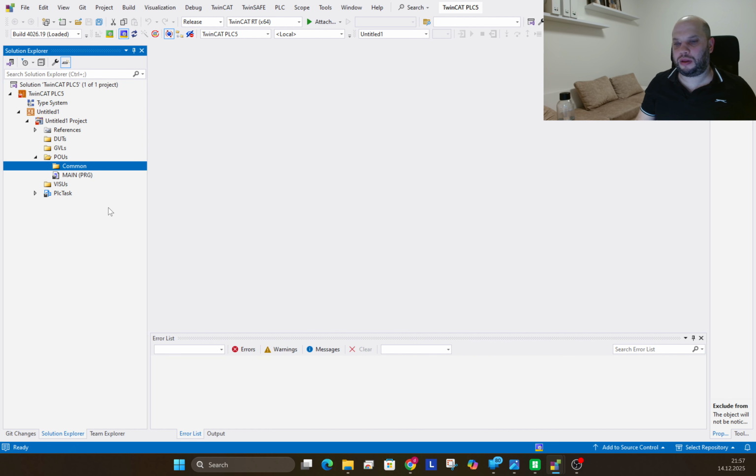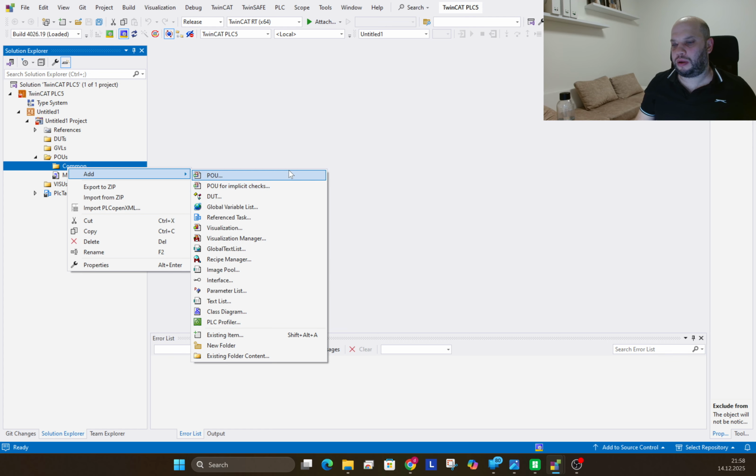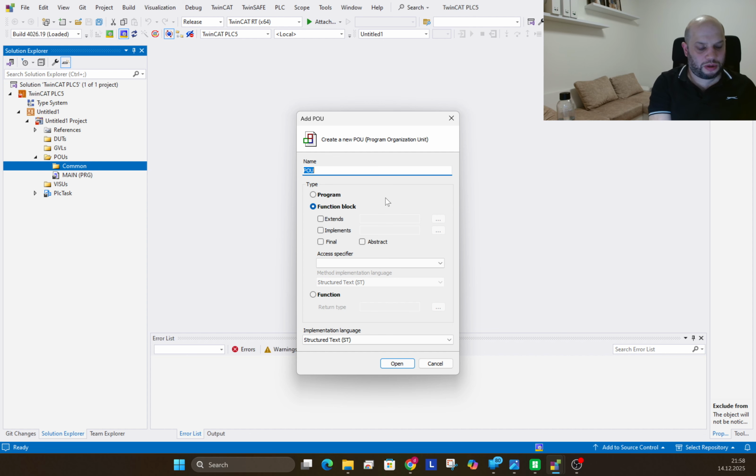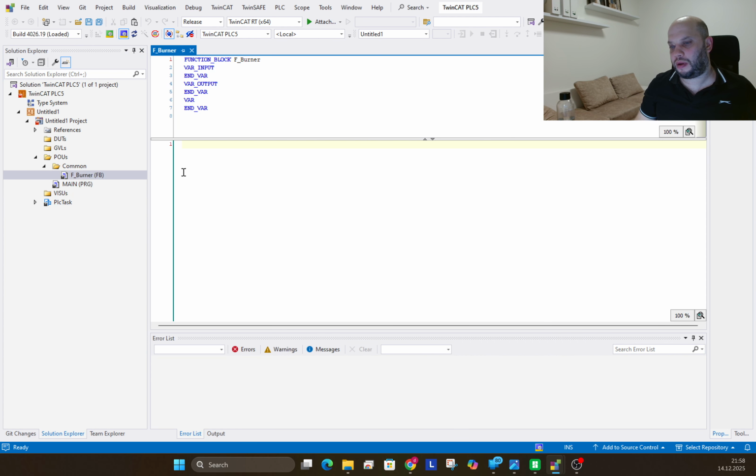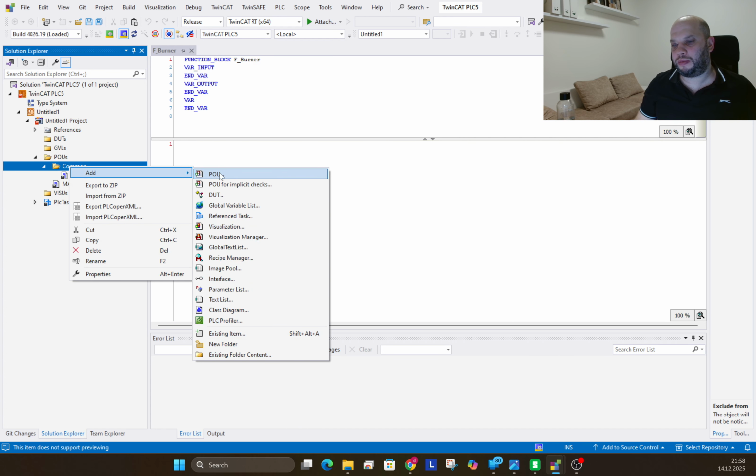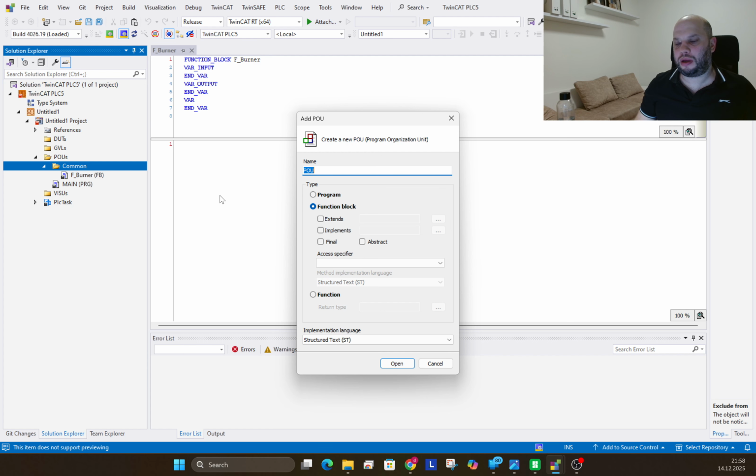And I don't need quite many folders here. One will be burner, structured text. And another, I will make a simple digital input with a tone.